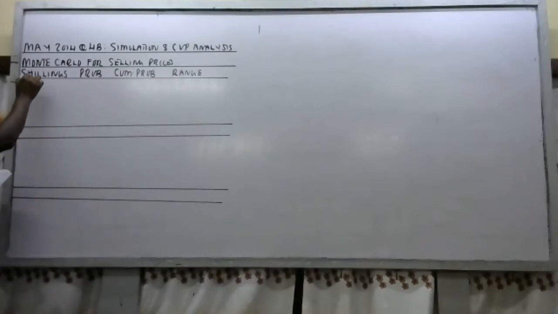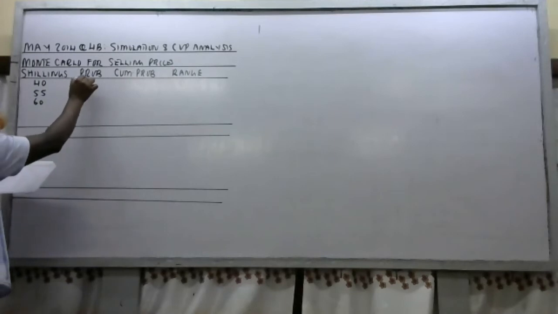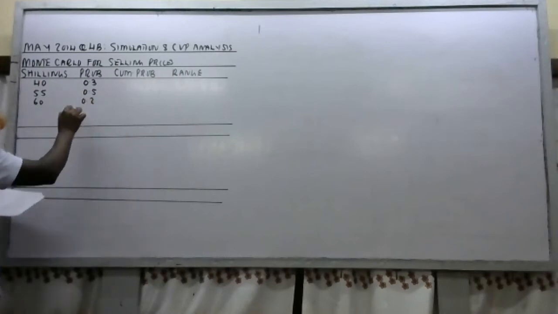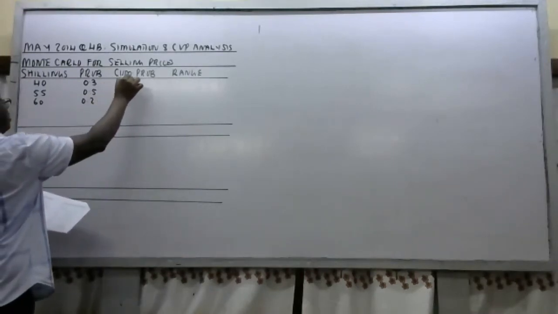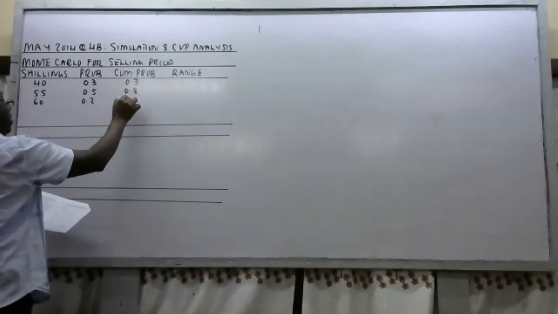So we have 40, 55 and 60. Probabilities are 0.3, 0.5, and 0.2. When you cumulate, this is 0.3, 0.8, and 1.